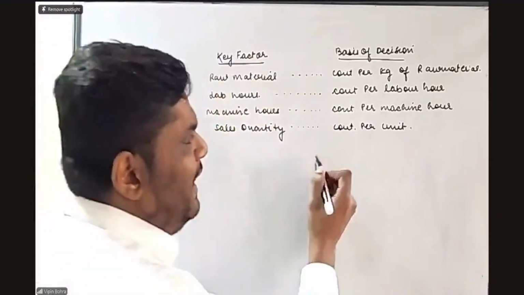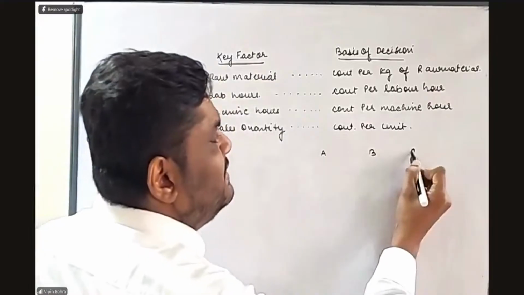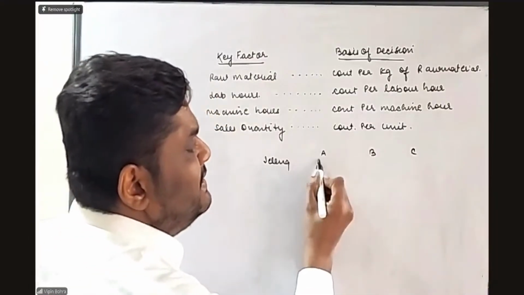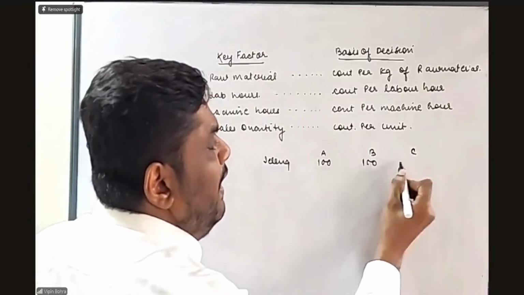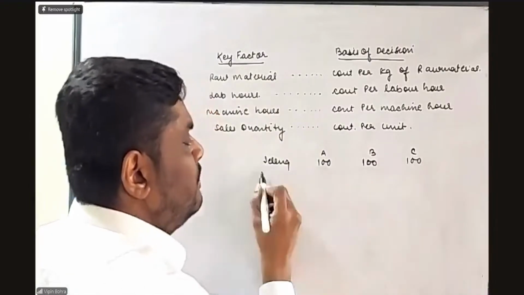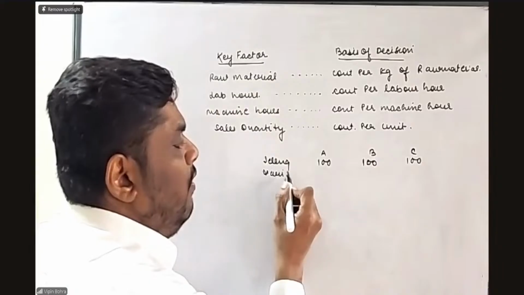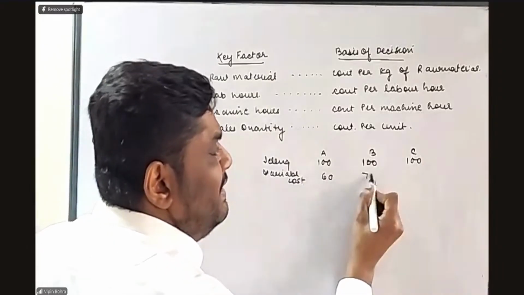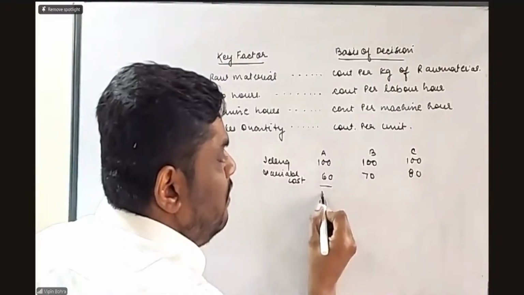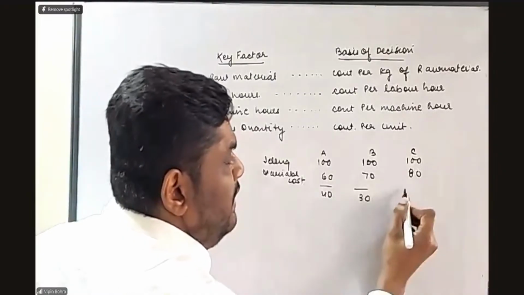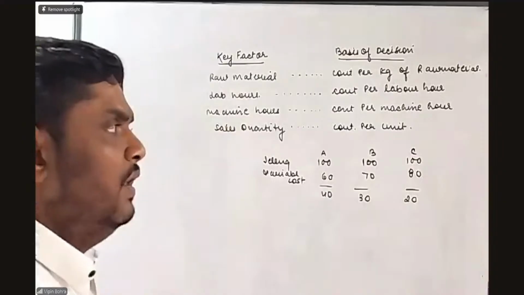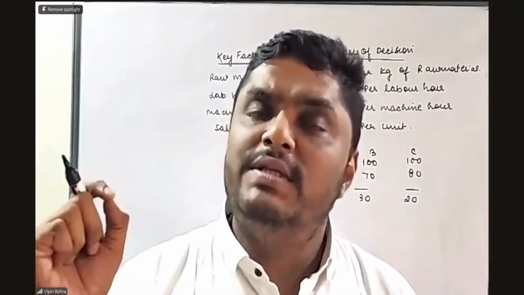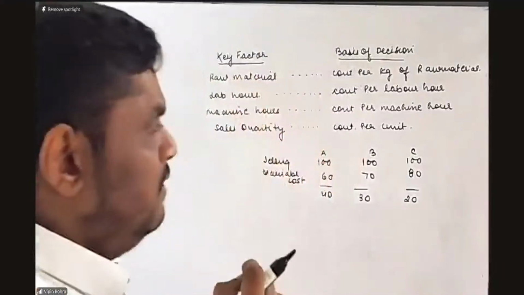Just for your understanding, I'm framing a question with A, B, and C. Let's say selling price is 100, 100 and 100. Variable cost is 60, 70, 80. So contribution is 40, 30 and 20. Now, it is given in the question that at most we can sell 50,000 units of a particular product.